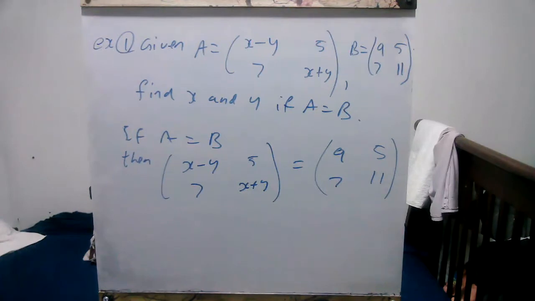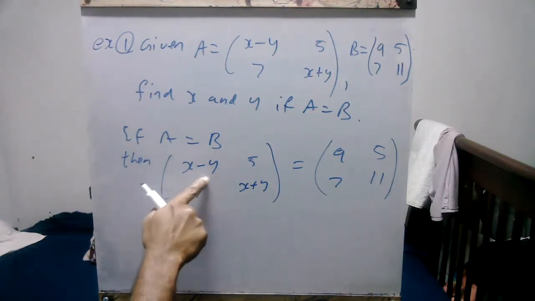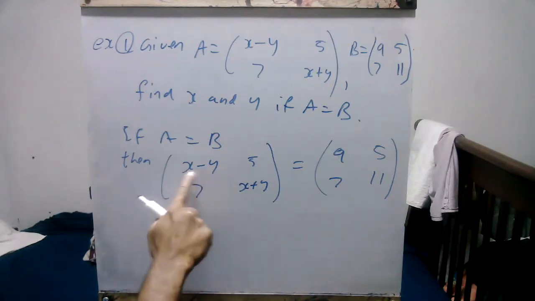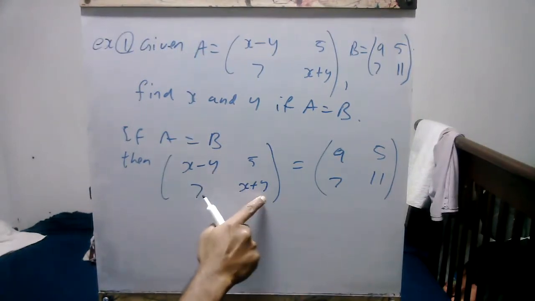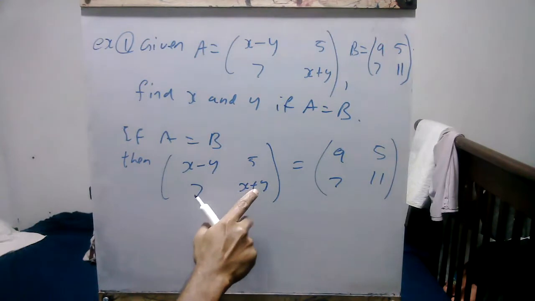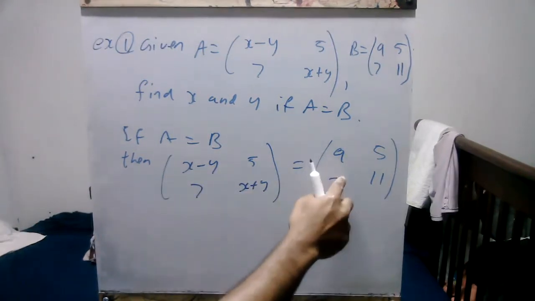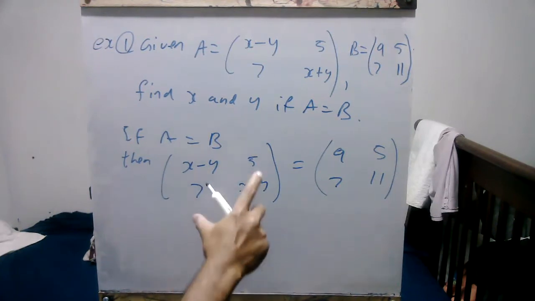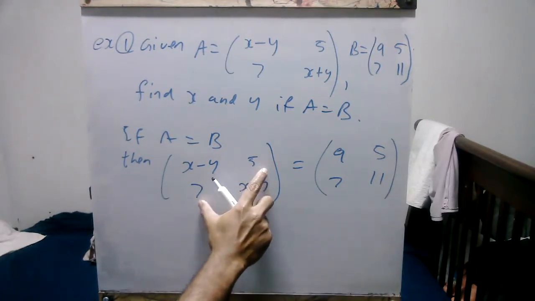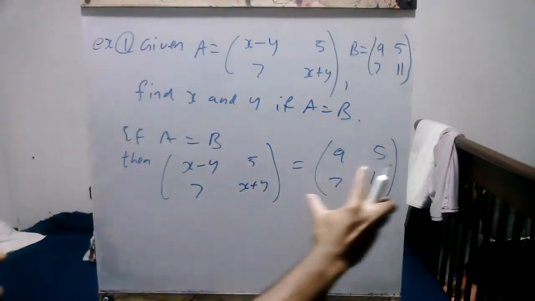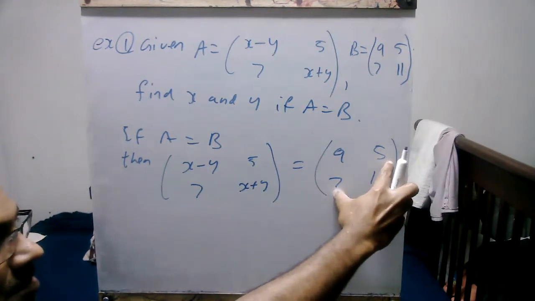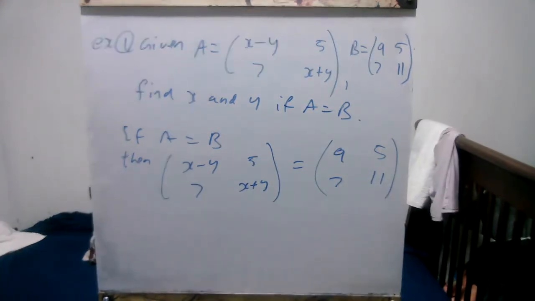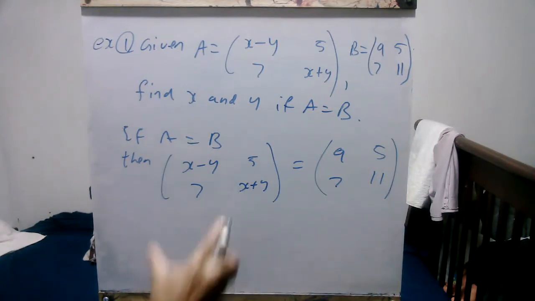Now notice one thing. This has variables x and y. This has variables x and y. These are constants. Where they have constants, these constants are the same on the second matrix. Otherwise this question is wrong.